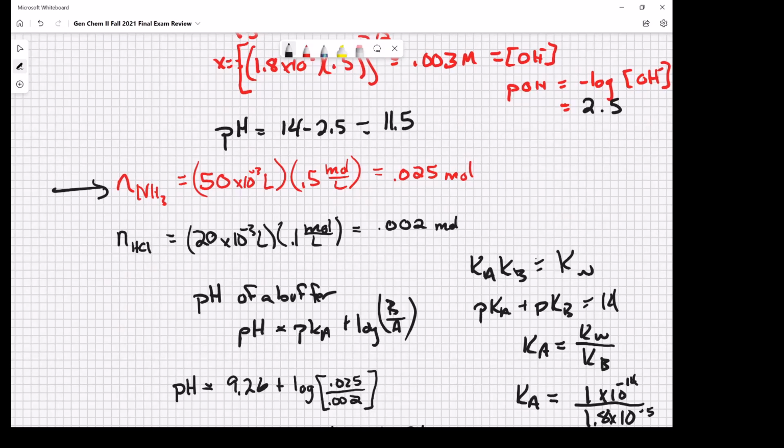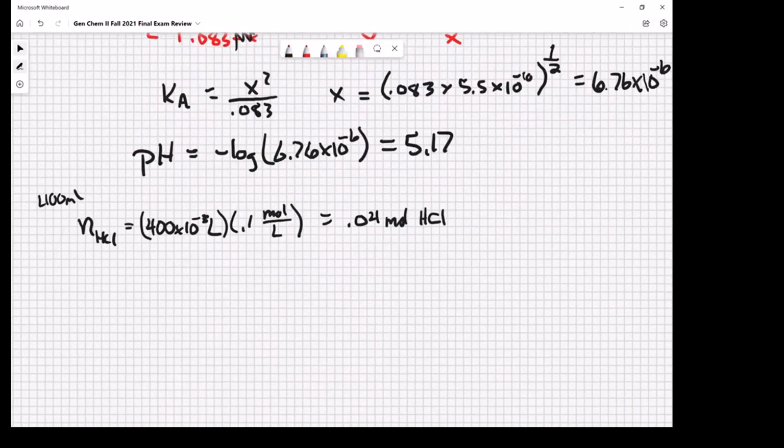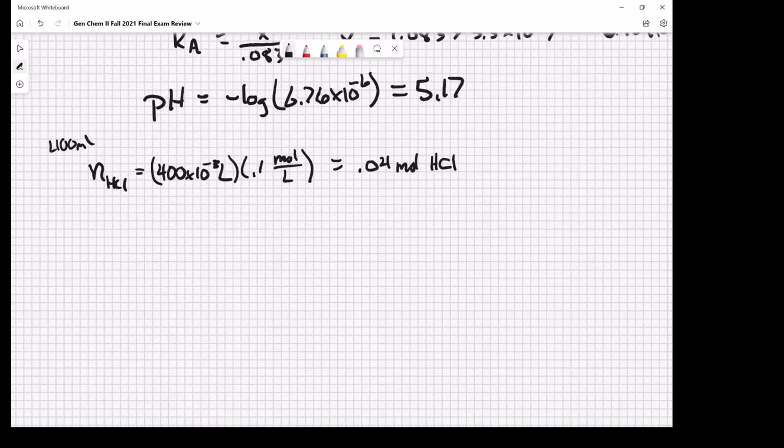Let's figure out how much extra HCl is here. So we know that we have 0.04 moles of this, and that it's going to react with the NH3 in a limiting reactant style until all of the smaller value gets used up.